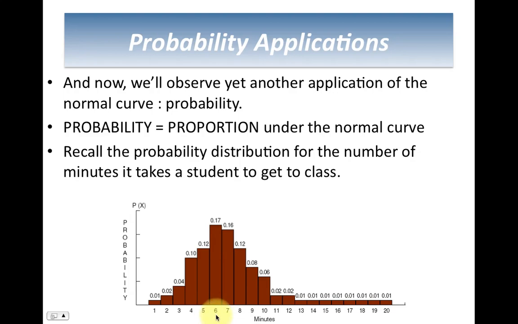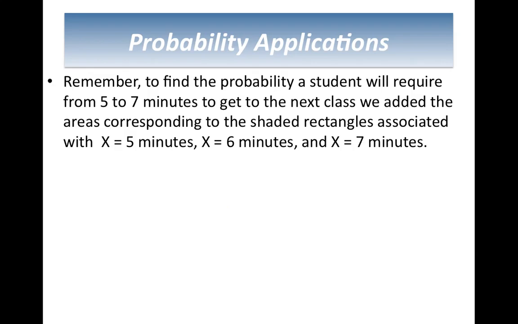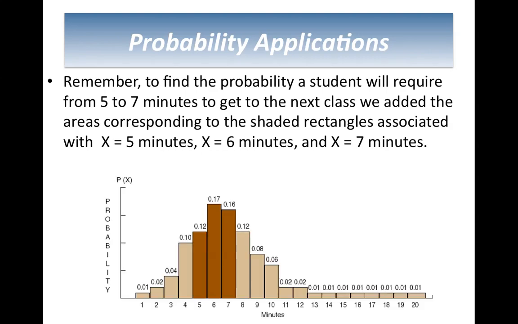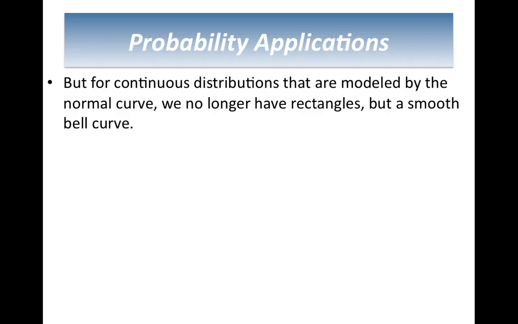So the probability that it would take a student 6 minutes to get to class is 17%. And we could read the rest of the histogram in a similar way. To find the probability a student will require from 5 to 7 minutes to get to class, it's a matter of looking at the area between 5 and 7 and basically adding up the area of the rectangles between 5 and 7, which came out to be 0.45.